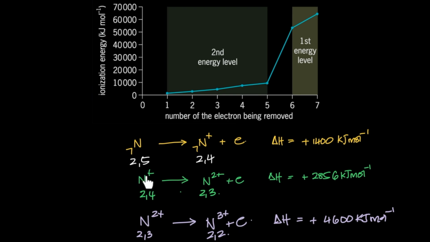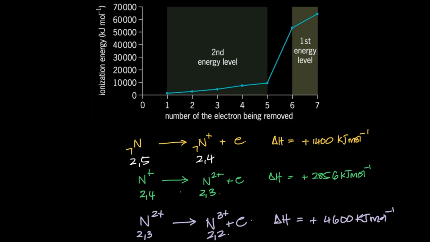A 1 plus ion is not going to pull the electron as much as a 2 plus ion, even though the nucleus is pulling it, it's the net charge of the ion that is preventing the electron from going out of the influence of the ion. So whenever I'm removing electrons, the more positive the initial ion is, the more energy I require to remove it.